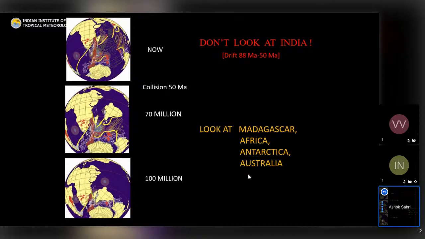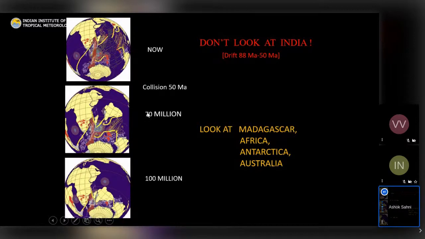If you look at this slide, you will see a snapshot of the Earth at 3 different times: 100 million, 70 million, and what it's like today. For the time being, don't look at India. Look at Madagascar and look at Australia. So here's Madagascar, and this is Australia. This is at about 100 million, and India, as you can see, is in between.